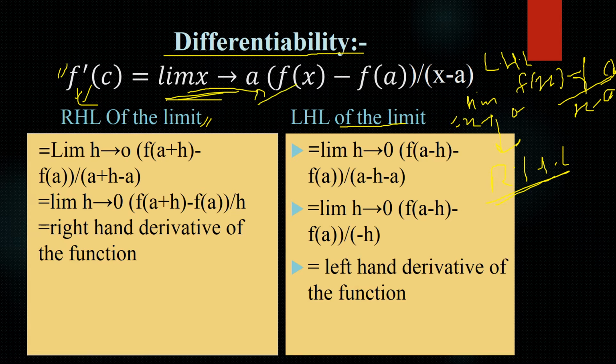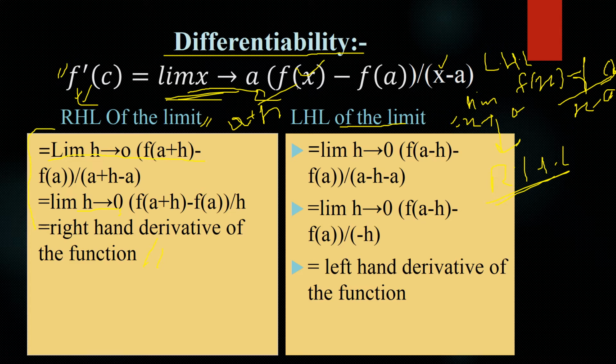In the above notation, we put x equals to a plus h everywhere, here and here also. So limit h tends to 0 of f a plus h minus f a upon a plus h minus a. After solving, limit h tends to 0 of f a plus h minus f a upon h. This is known as the right hand derivative of the function.